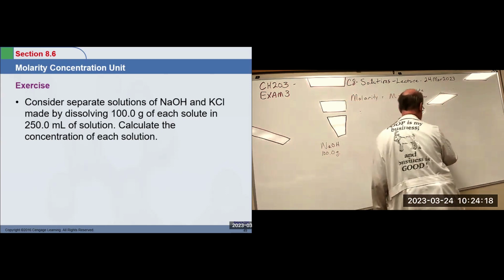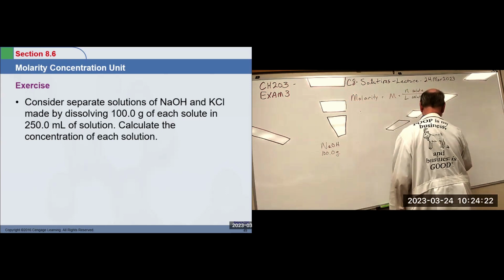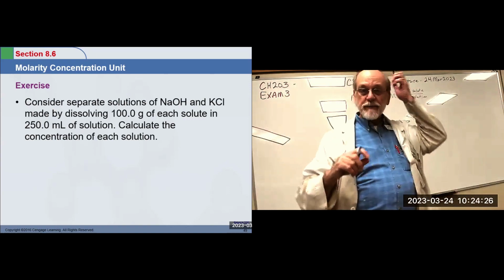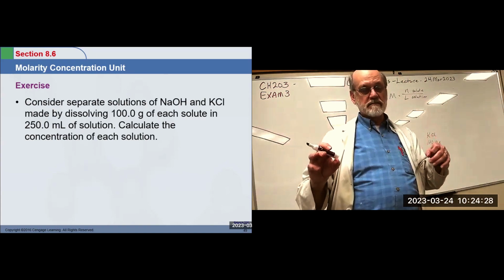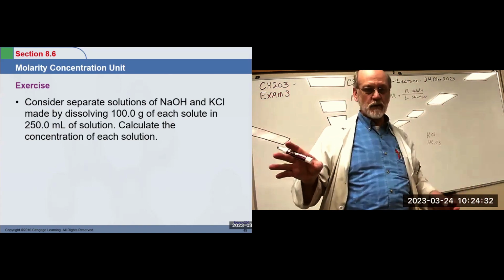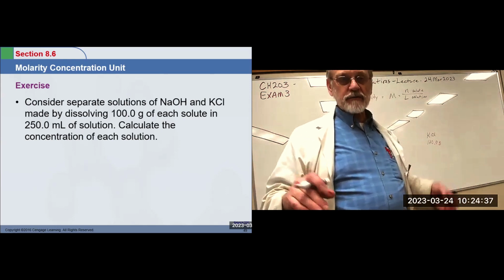And potassium chloride, 100 grams. Okay, and we're going to make separate solutions of these two compounds. They're both soluble in water, and we want the final solution to be 250 milliliters.